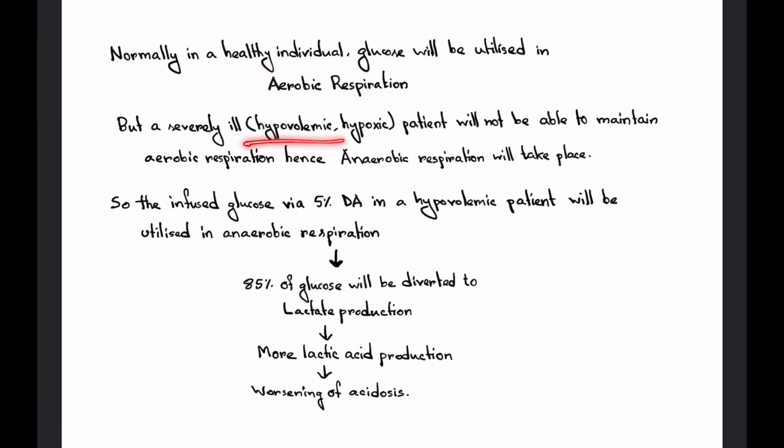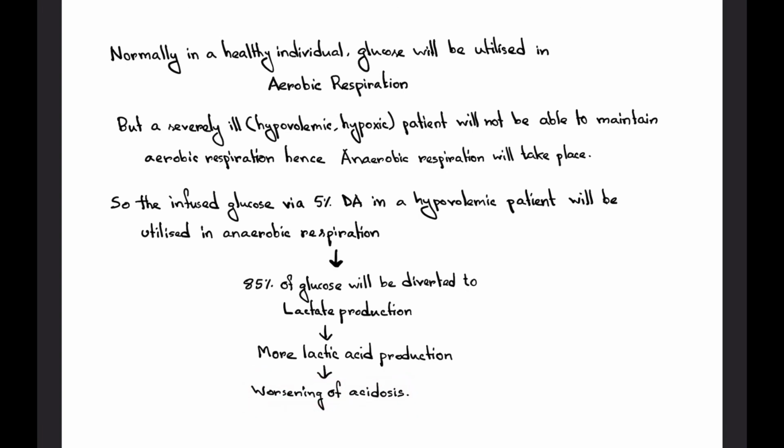But in a hypovolemic patient who is undergoing anaerobic respiration, it is harmful to infuse any fluid that contains glucose, because most of that glucose will take part in anaerobic respiration and produce lactic acid, and this increased amount of lactic acid will lead to more and more acidosis, and the patient will have more serious trouble than before.